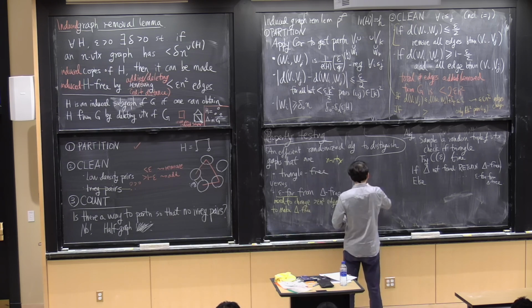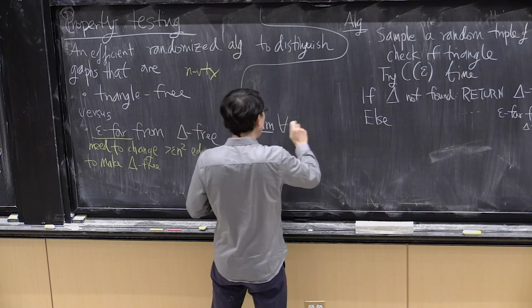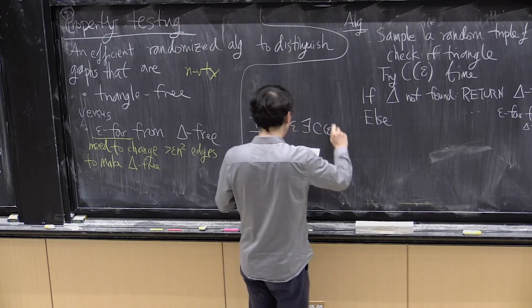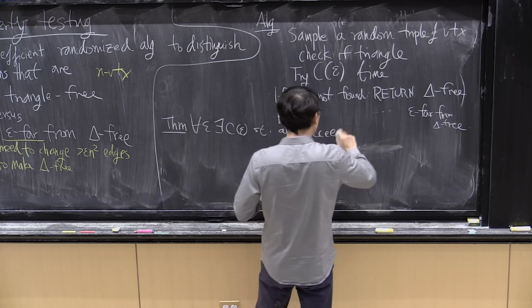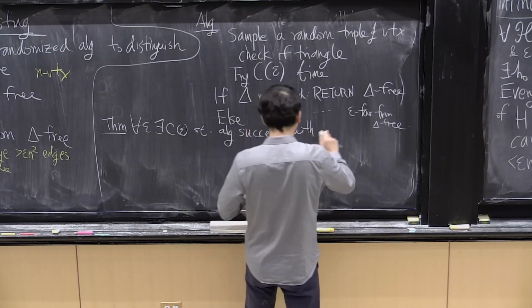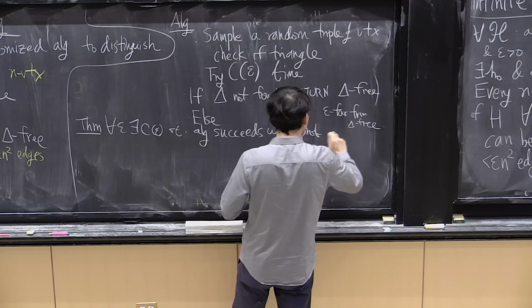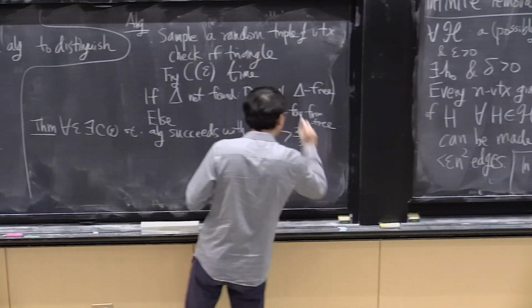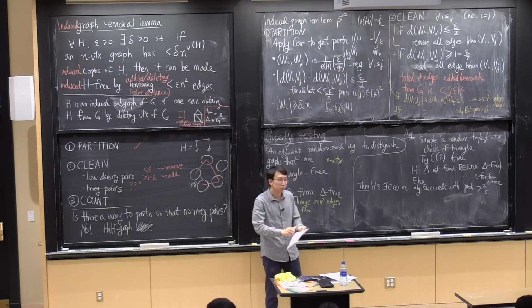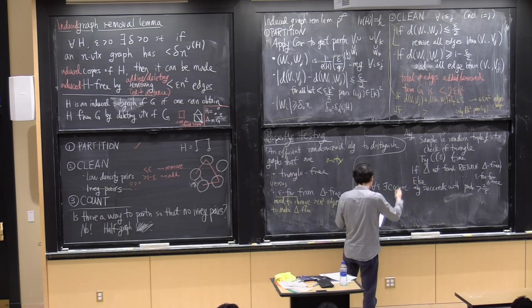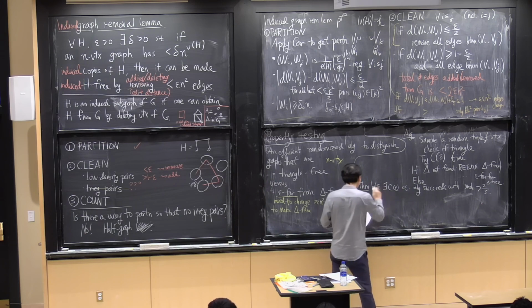Theorem: for every epsilon, there exists a C such that the algorithm succeeds with probability bigger than 2/3, and 2/3 can be any number that you like, because you can always repeat it to boost that constant probability.